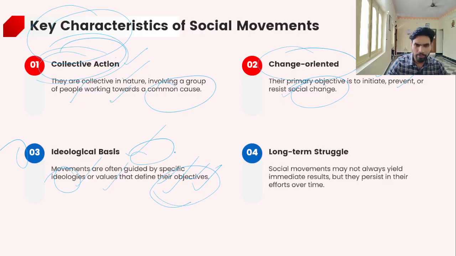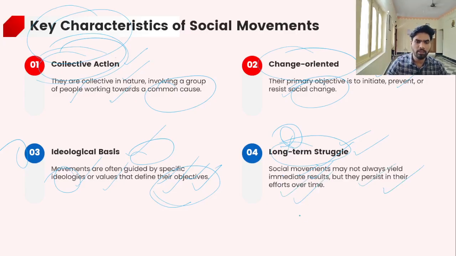Another important feature of social movements is that they are long-term in nature, long-term oriented struggles. They are not for the short term. Social movements may not always yield immediate results. They have to sustain the movement for a very long time, but they persist in their effort over time.